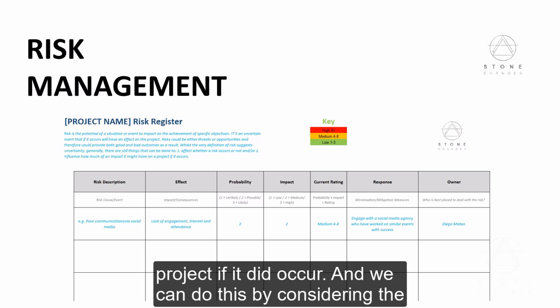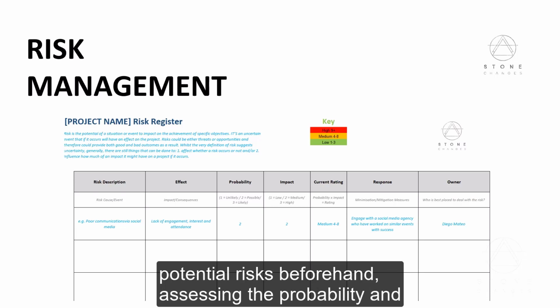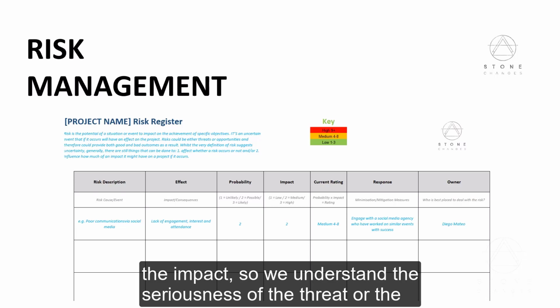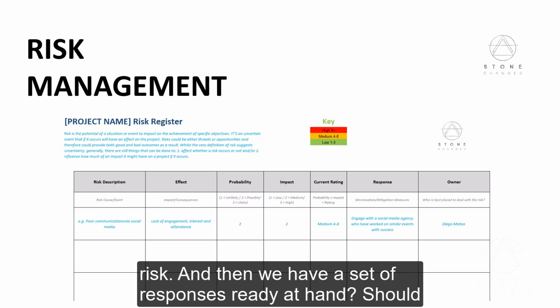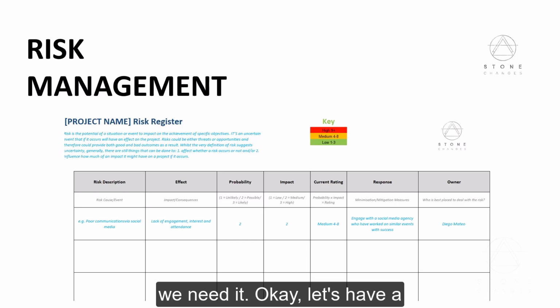And we can do this by considering the potential risks beforehand, assessing the probability and the impact, so we understand the seriousness of the threat or the risk. And then we have a set of responses ready at hand should it happen in real life.